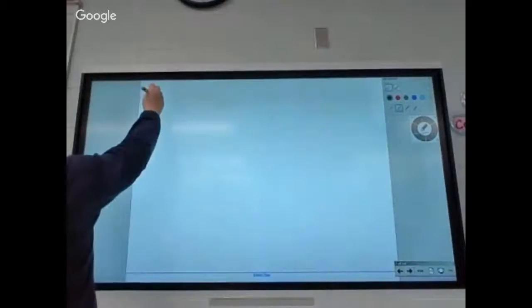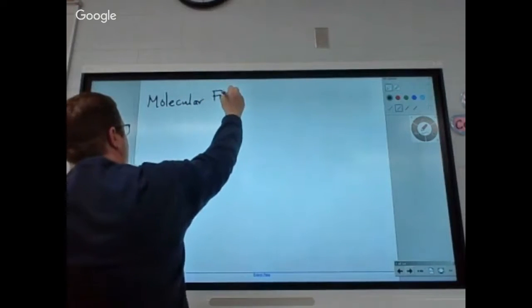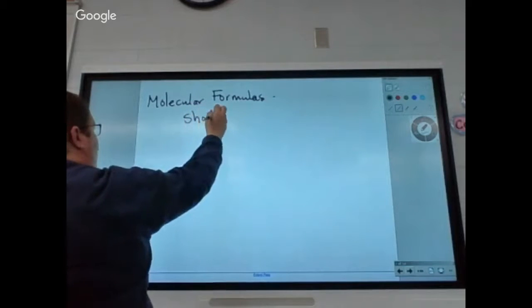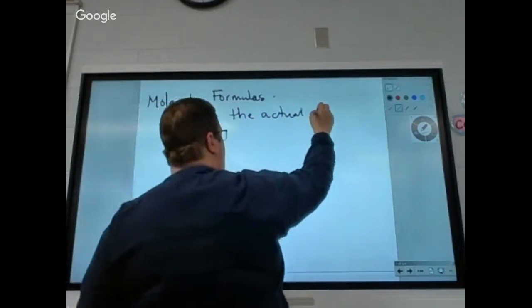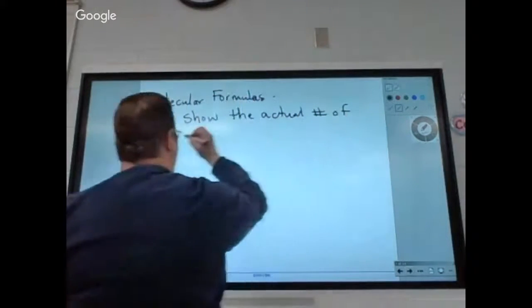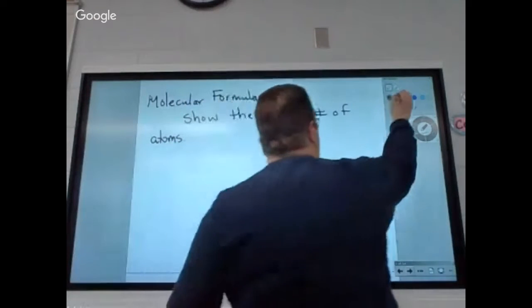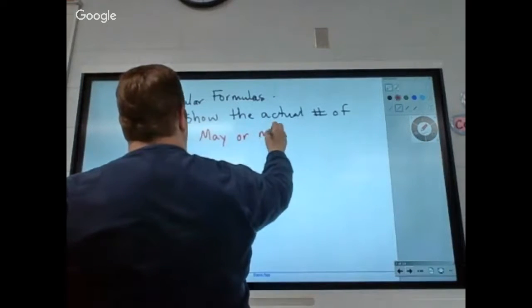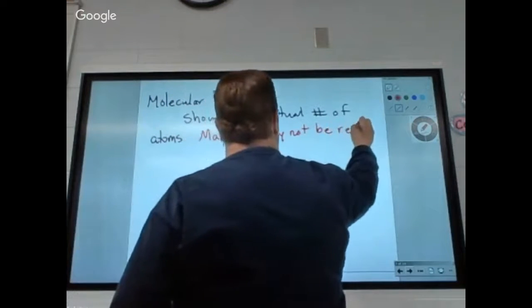All right. So, molecular formulas show the actual number of atoms. Now, this one's a little odd. This one may or may not be reduced.